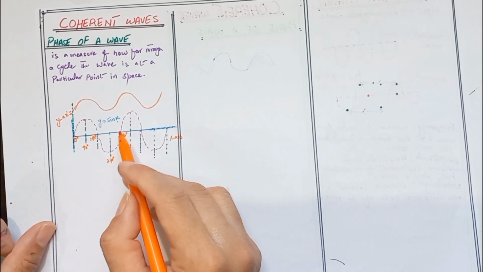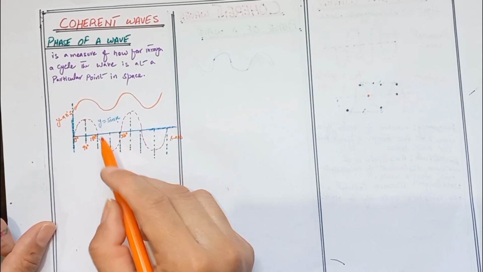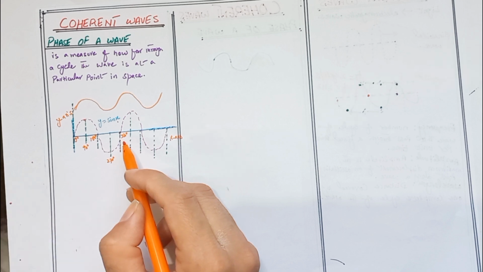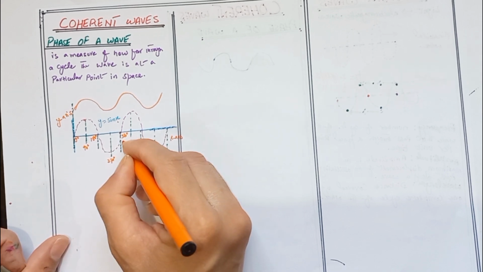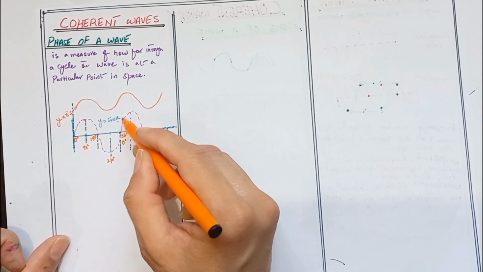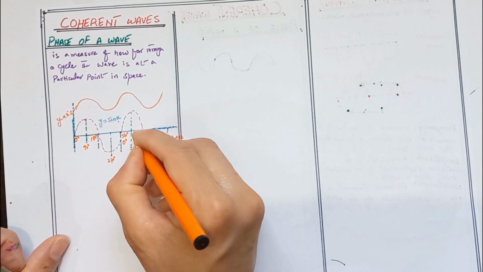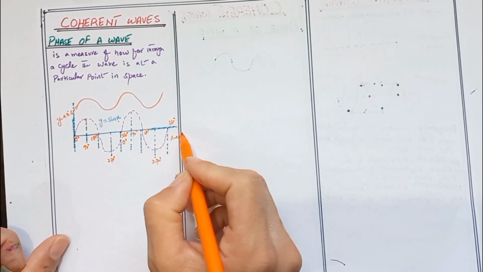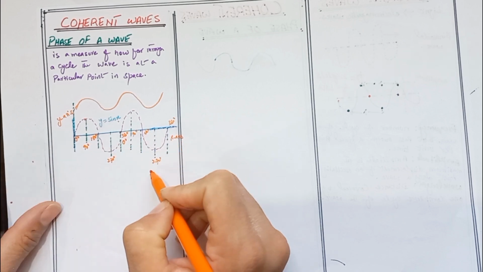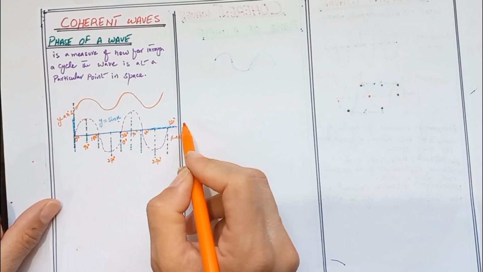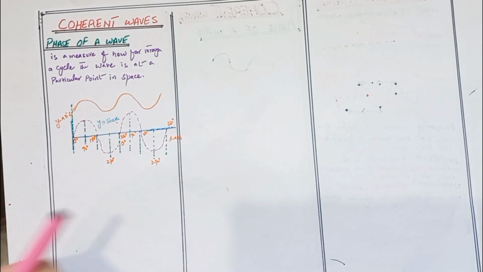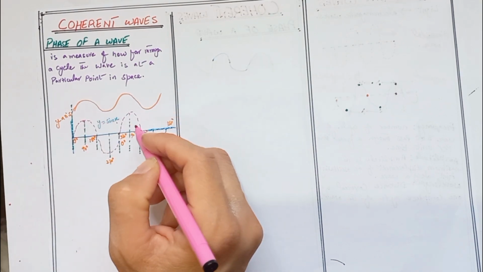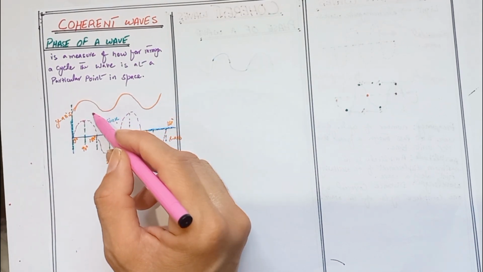Now, electromagnetic waves are periodic, which means they have a repeating pattern. This point can also be 0 degrees once again, or 360 degrees. At 0 degrees we start the cycle again: this is 0 degrees, this is 90 degrees, this is 180 degrees, then 270 degrees and 360 degrees. This is how we determine the phase of a wave in a repeating pattern. We can compare the phase of the electromagnetic wave with the sine curve.